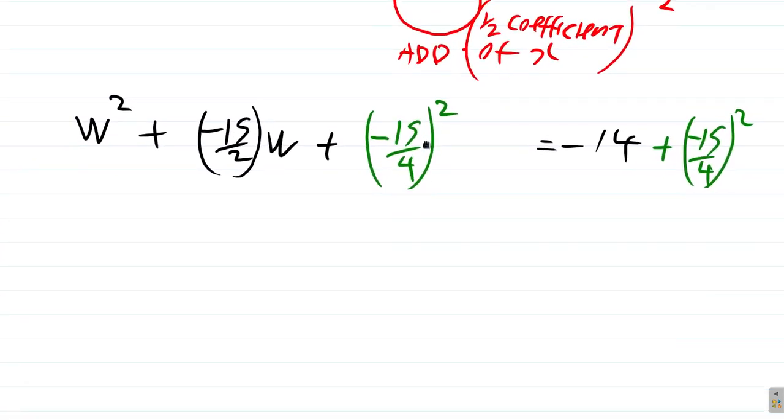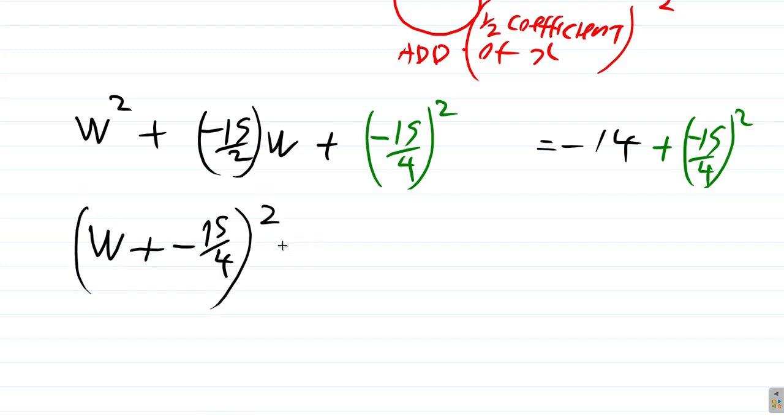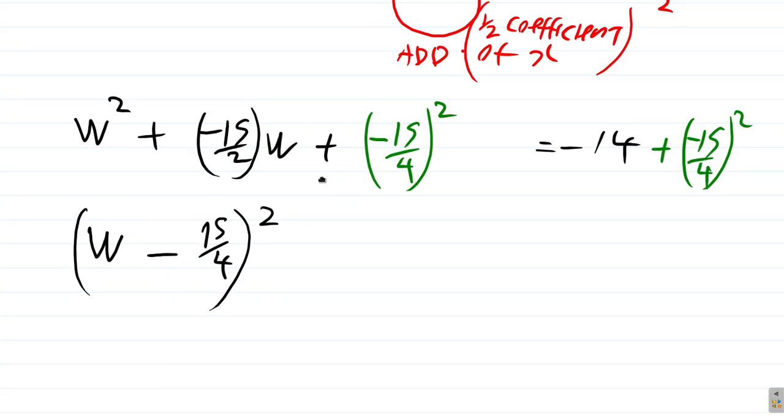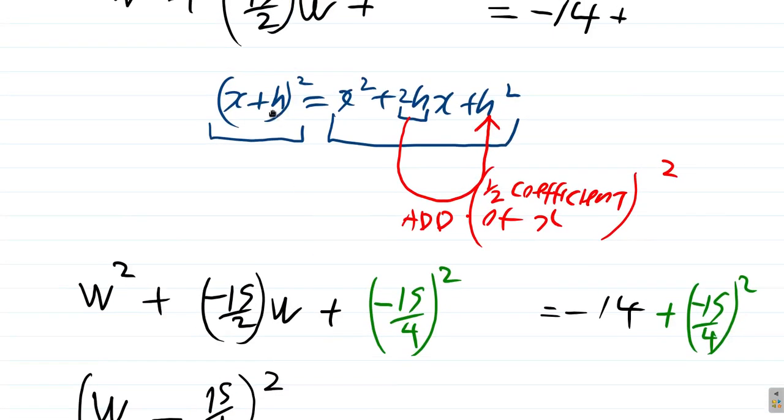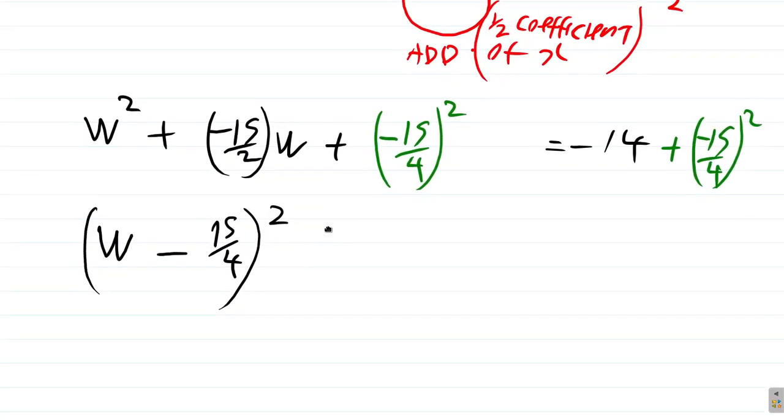So it shows that h is negative 15 over 4. So what we have is w plus, well, plus negative 15 over 4, squared. But since we have it like that, we can just write (w minus 15 over 4) squared. Alright? (x plus h) squared. That's what we have here.